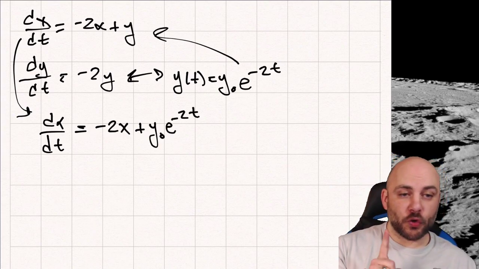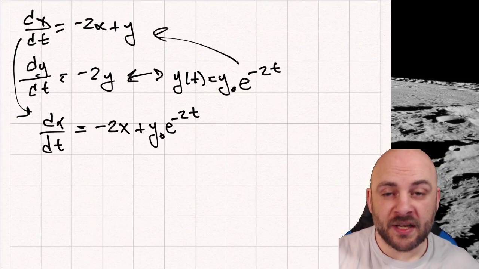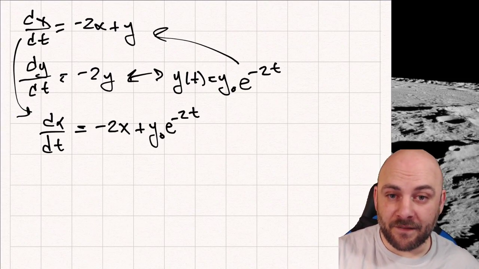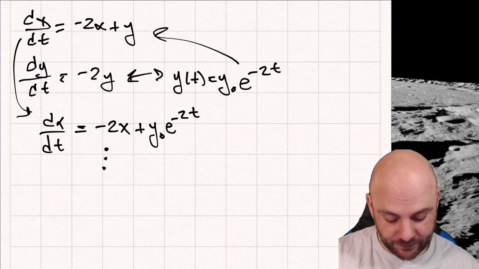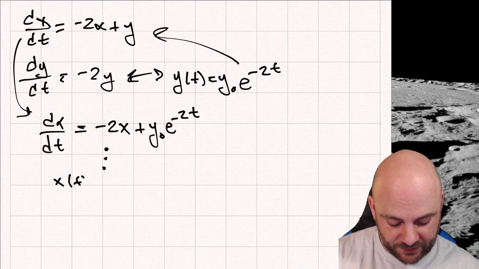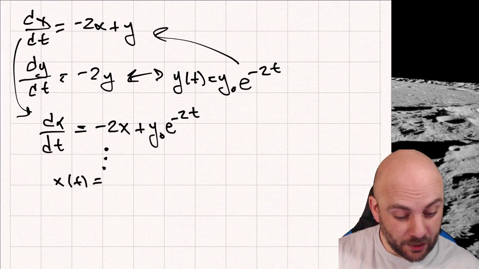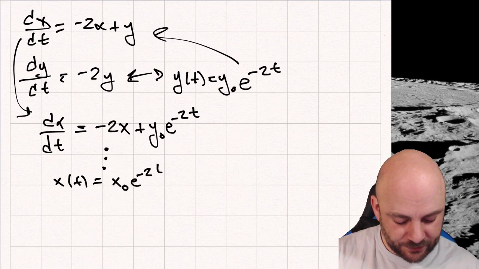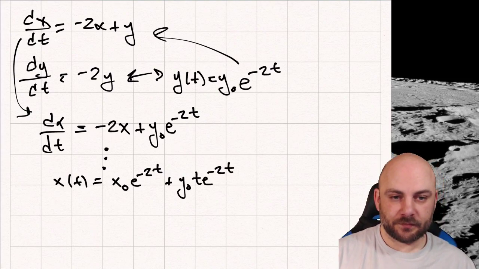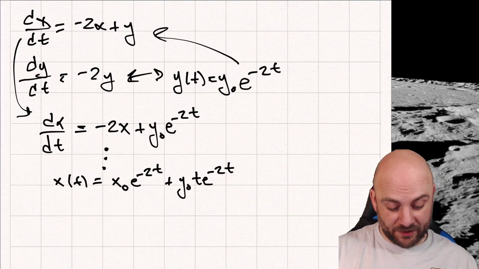You should recall how to do this basically with the method of educated guess. If you don't, review it. You get x of t equals x sub 0 e to the minus 2t plus y sub 0 t e to the minus 2t.